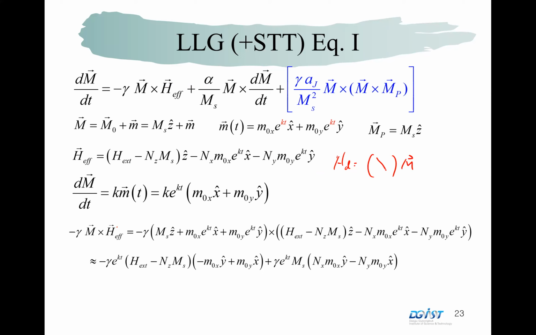So if this is diagonal, each HD coefficient is proportional to each component of M. So we have these Dmax terms.